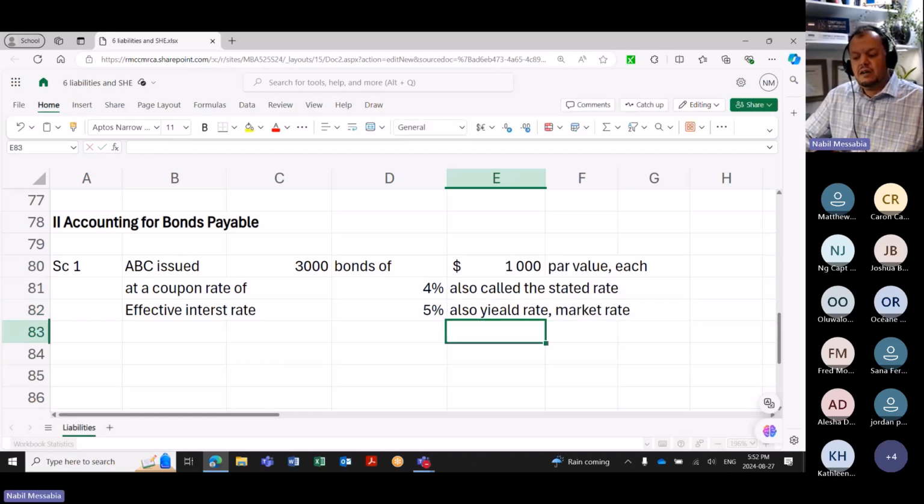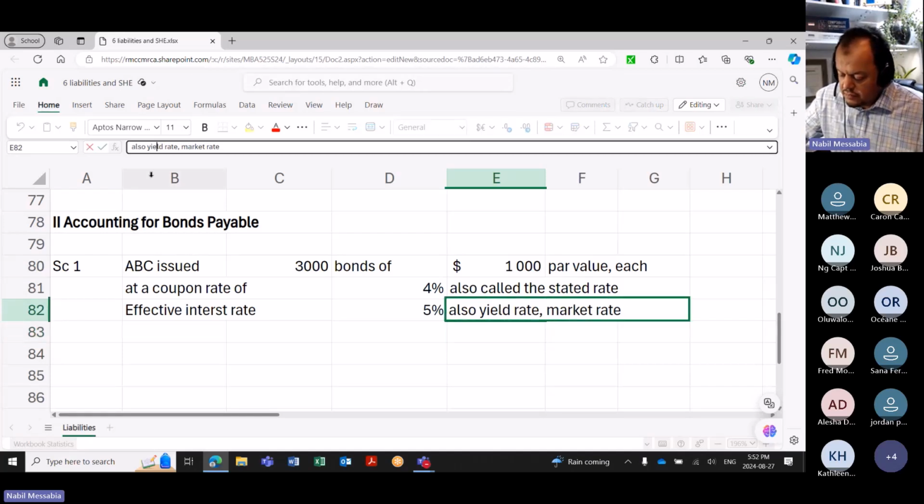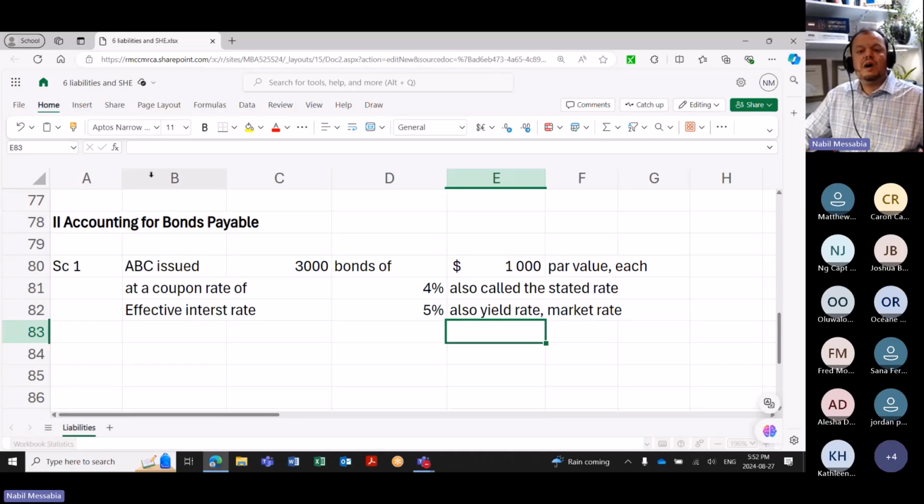What is the market yield rate? What would be the satisfactory rate that the investors in the market will accept for a similar bond presenting a similar credit risk? This is the yield rate.